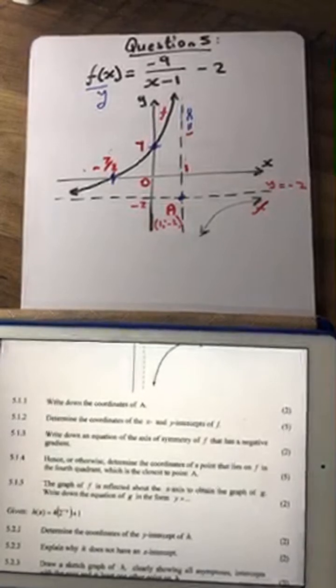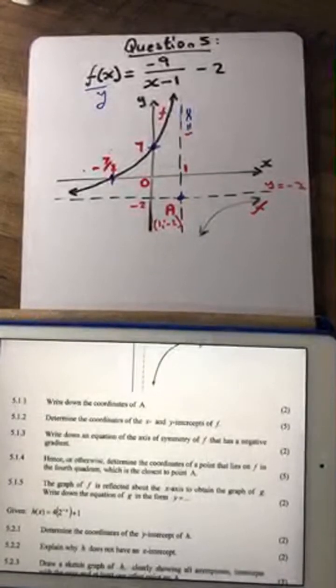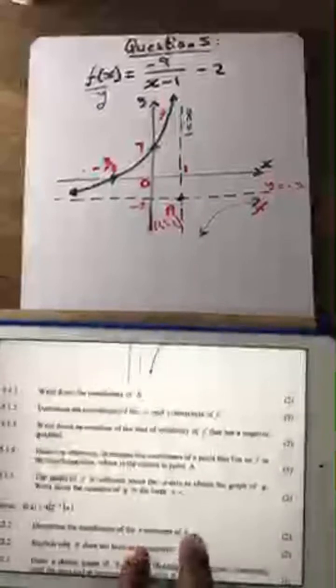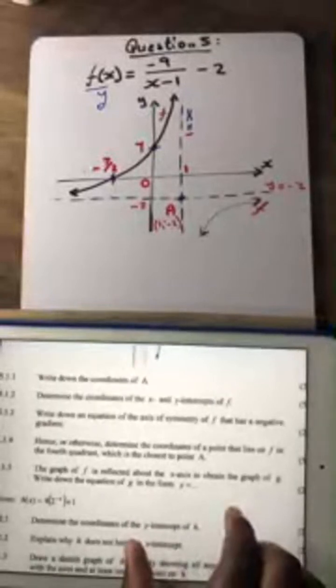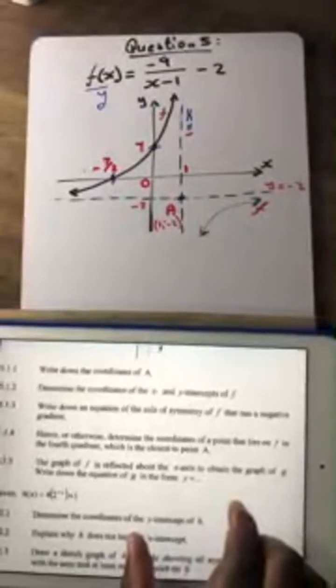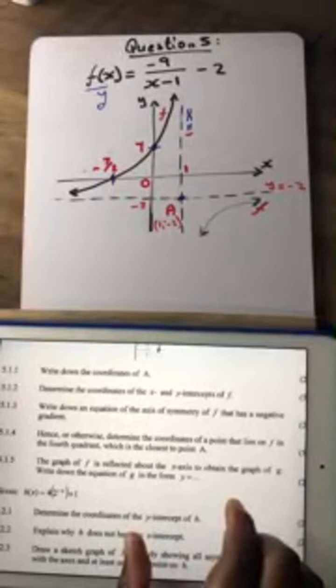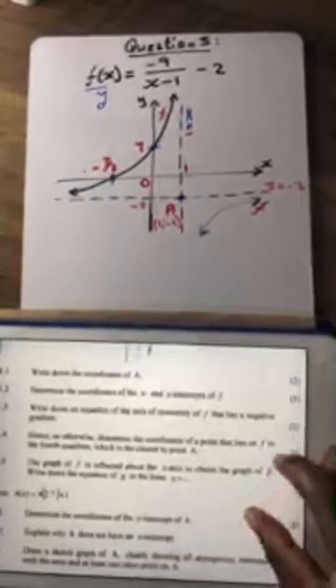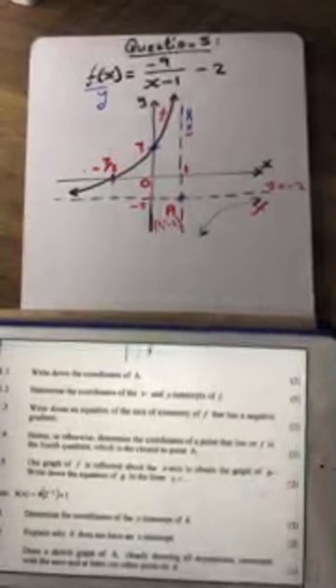So now, this is me asking you a question to say, how do we then work out this one, honorable members? They are saying, write down an equation of the axis of symmetry of f that has a negative gradient, and it's allocated 2 marks. We did this question yesterday, honorable members.